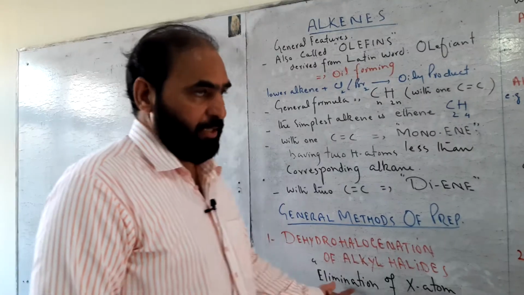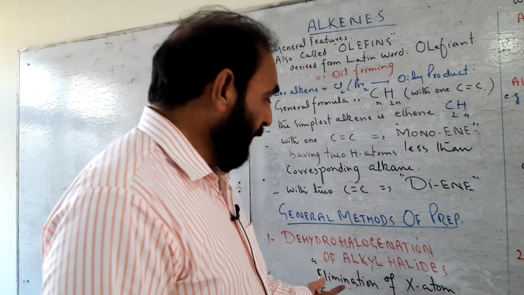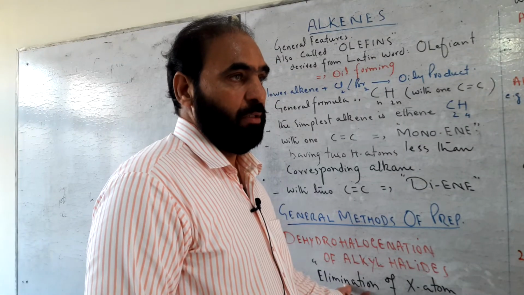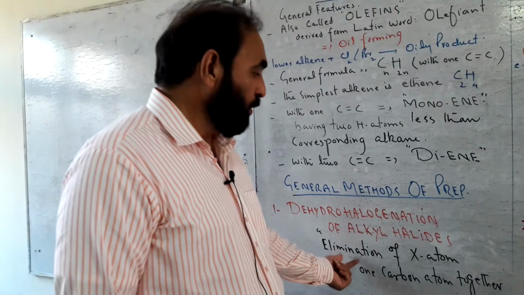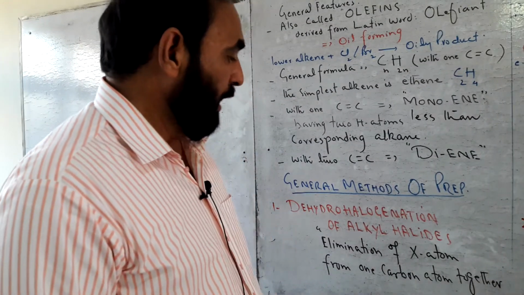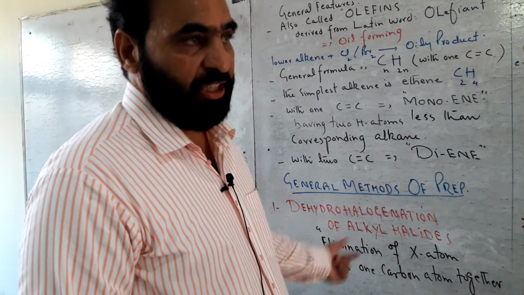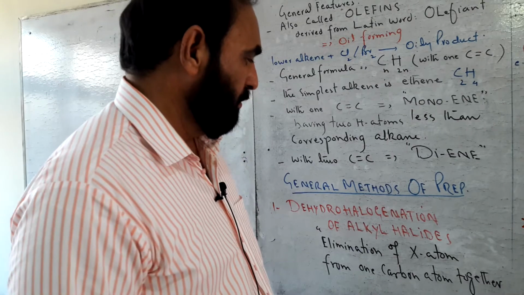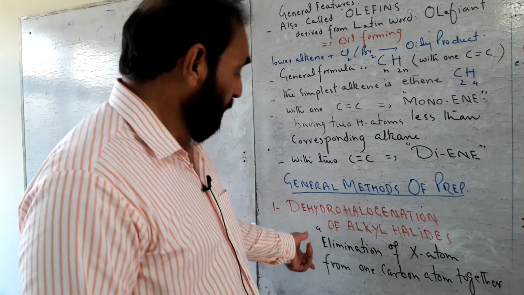It is elimination. Elimination is a special method of removal of atoms or groups of atoms from 2 adjacent carbon atoms in a molecule, as a result of which a C=C double bond develops. We will see it in the examples written ahead.